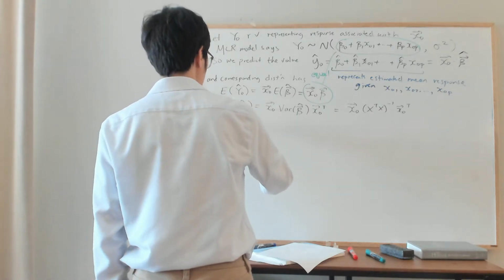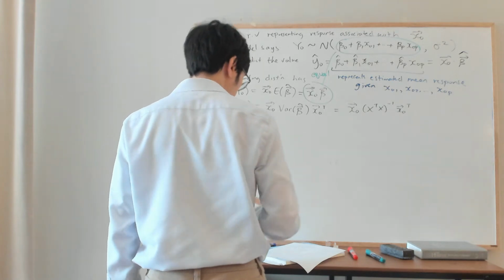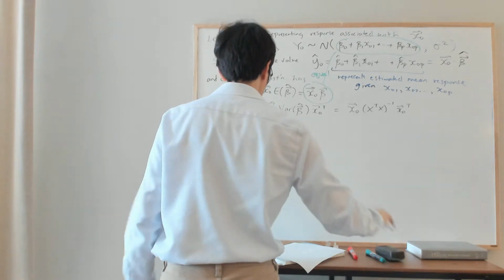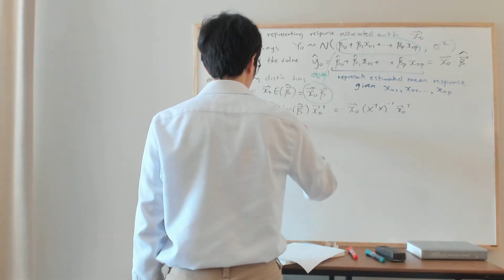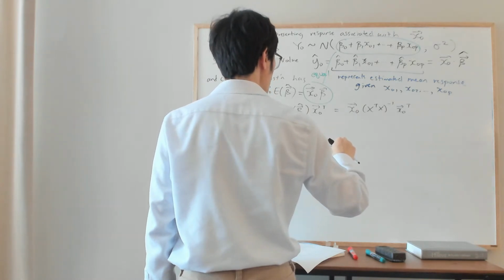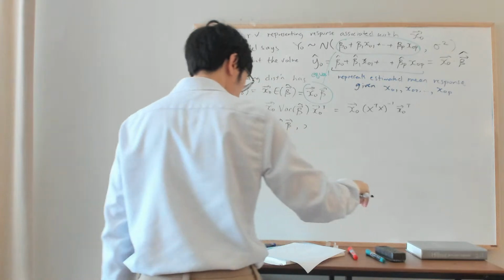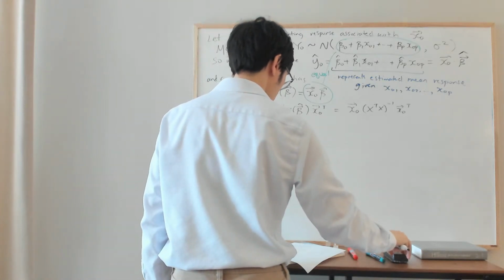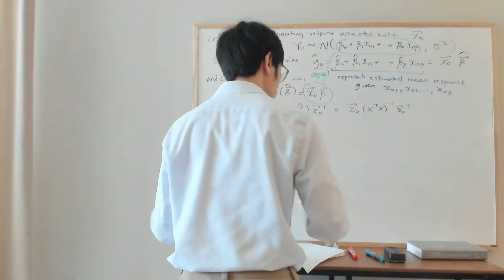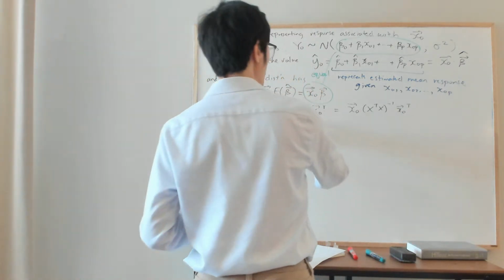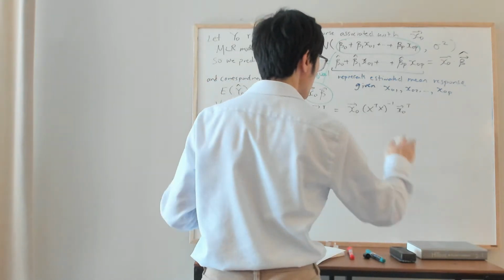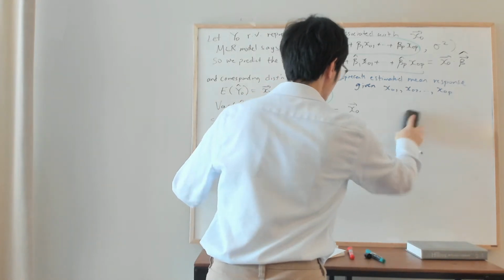And so y0 hat has a normal distribution, with mean x0 beta, and then variance. I think I missed a sigma squared here, so let's fix this first. The variance of beta hat has a sigma squared in there, so put that back in first.